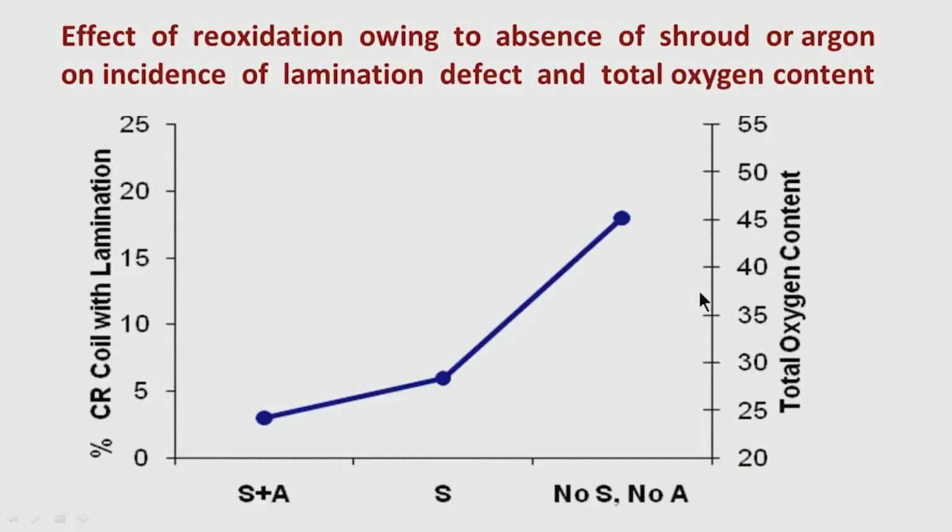If you have a high amount of alumina inclusions, more and more lamination defects will be generated on the surface of the cold rolled coil. So, the percentage of such defect comes down when you control the total oxygen content in steel. So, from the cleanliness point of view, from the good quality point of view, we must use refractory shroud and argon to have a good quality of the product.